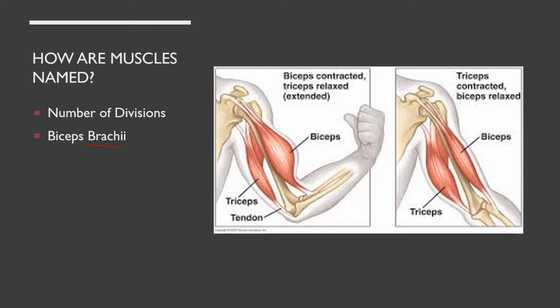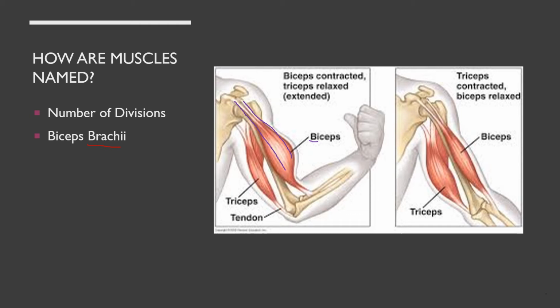We also call it biceps because if you look closely here, you can see it has two divisions. So it's like two muscles that come together to make one. The term bi means two. So biceps brachii, two muscles that come over the brachial area.